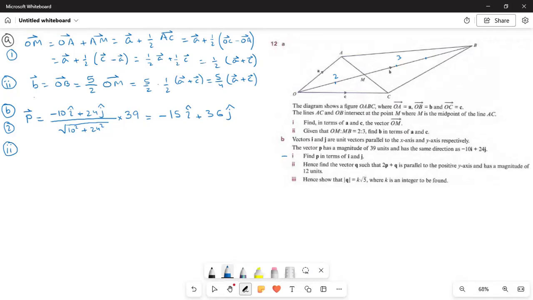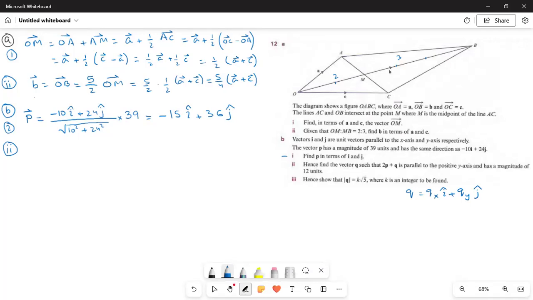Okay, now the second part is, hence find the vector q such that 2p plus q is parallel to the positive y-axis and has a magnitude of 12 units. Okay, this is interesting. We have to find the vector q. So I can write q as qx i plus qy j, right?